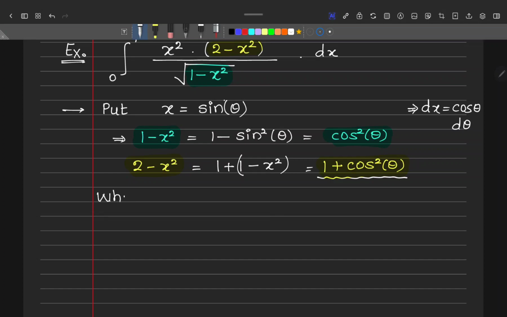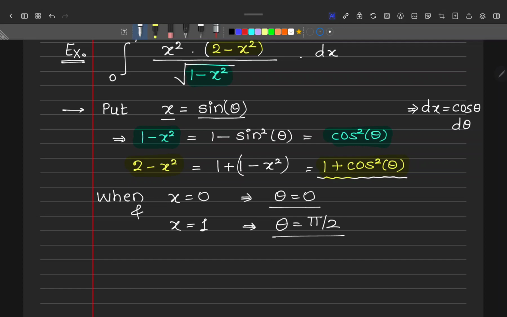Now we check the range of the integral. Whenever x is equal to 0, it implies sin theta is equal to 0, implies theta is 0. When x is equal to 1, we get sin theta is equal to 1, and it is possible if theta is pi by 2. So your integration reduces in terms of theta, and theta varies from 0 to pi by 2. The first term is x square, which gives sin square theta.